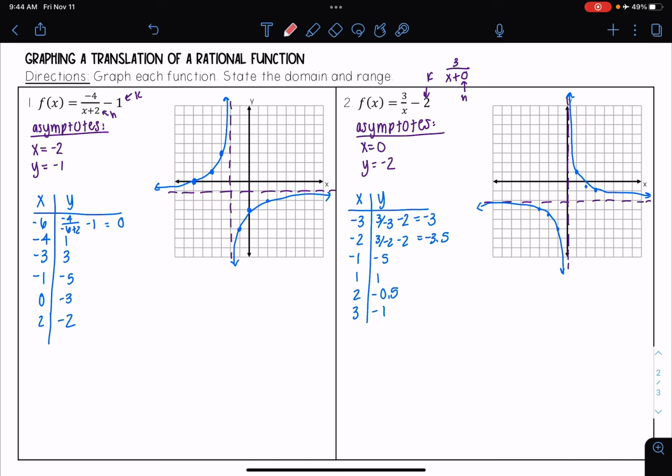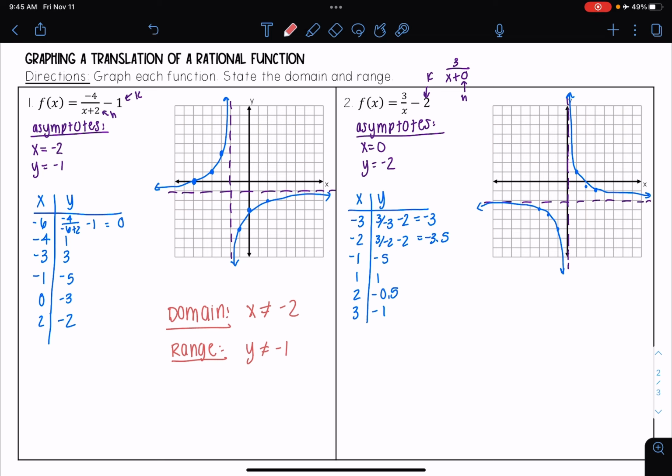And so that means for the domain on this first one, x cannot equal negative 2 because my vertical asymptote's at negative 2. I see both of these graphs do not cross that. And then for range, y cannot equal negative 1.